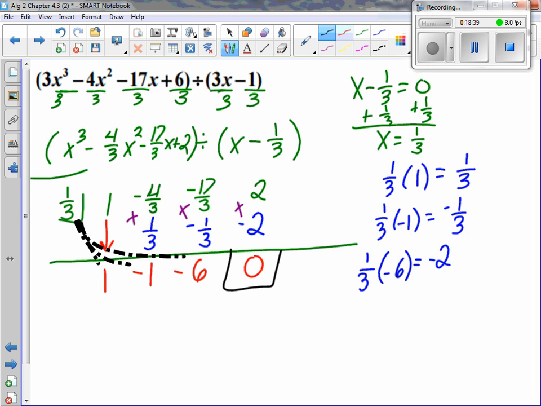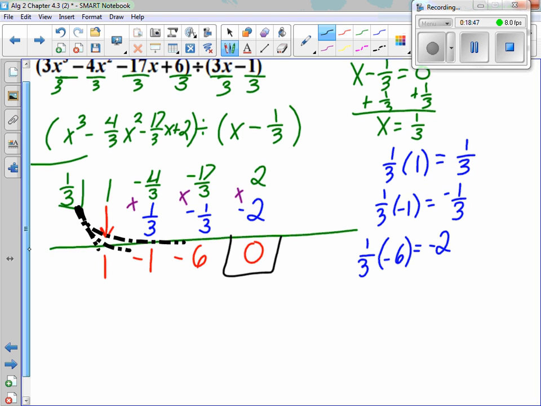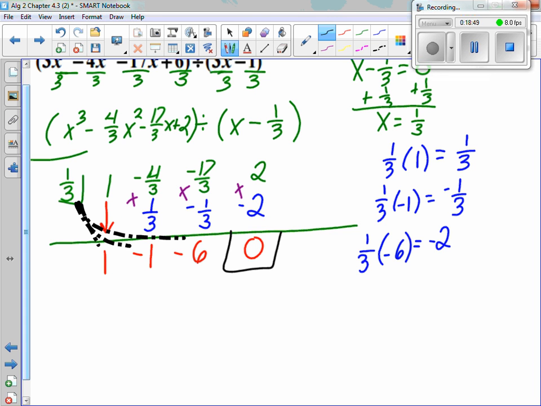So even though we had some fractions, this came out to be all right, yes? Didn't come out to be too bad. Now we just need to put the x's back in. Well, this is our remainder. Would -6 have a variable? No. The 1 would be x squared, so our answer would be x squared minus x minus 6.